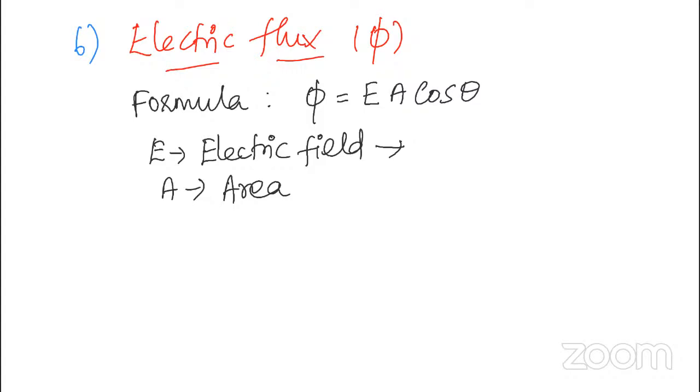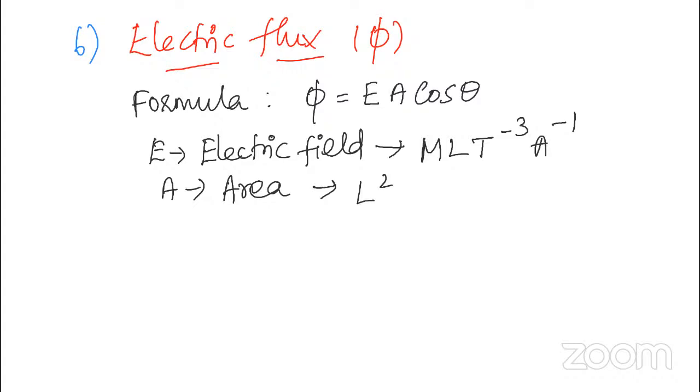If we put F by Q and divide by area and substitute the values, we can easily calculate the values for electric flux. So now we will directly write the formulas. The electric field's dimensional formula is M L T power minus 3 A power minus 1, and for area it is L square.